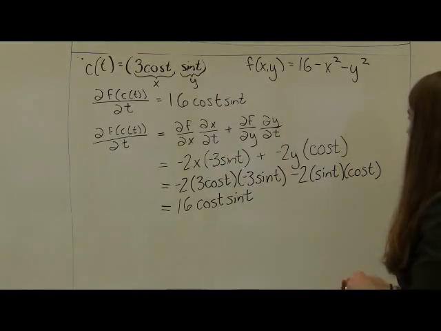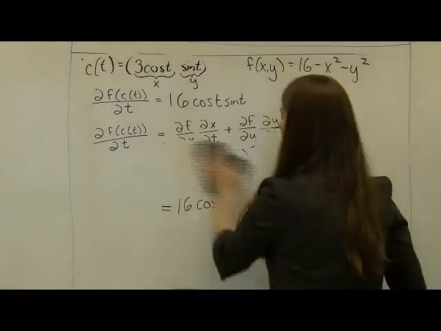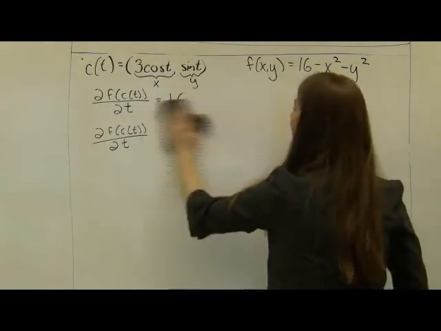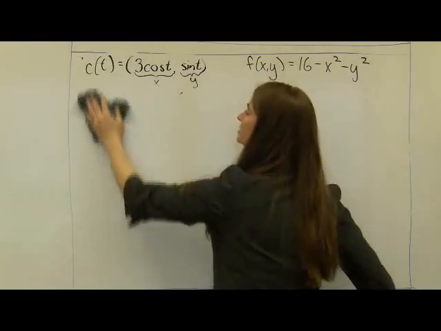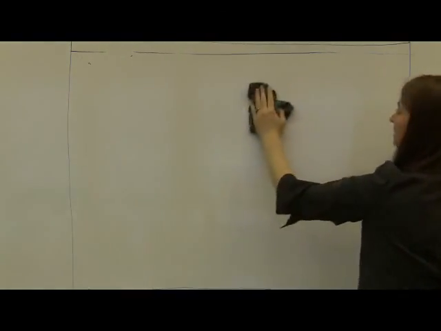Let's generalize this chain rule to see what it looks like for more than one variable. The book uses a really cumbersome notation. I don't think that I want to introduce the cumbersome notation.